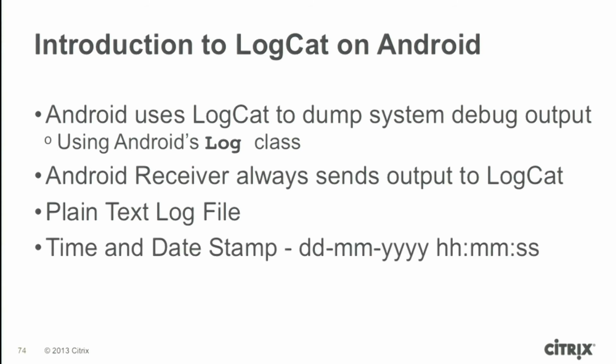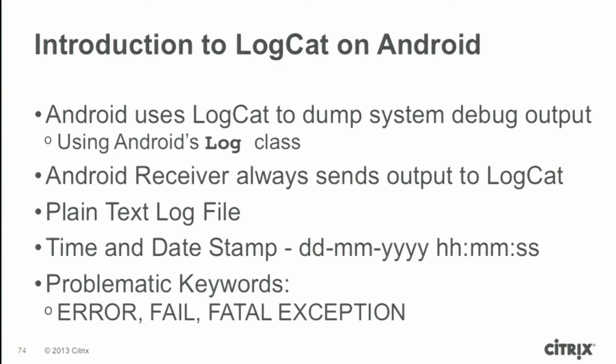The output is, again, in a plain text readable file, and it does contain timestamps, although I've seen with some logging utilities you must enable timestamps. Some of the problematic keywords that you may find in a Logcat log are error, fail, and fatal exception, which is for crashes, and we'll talk about that in a bit.